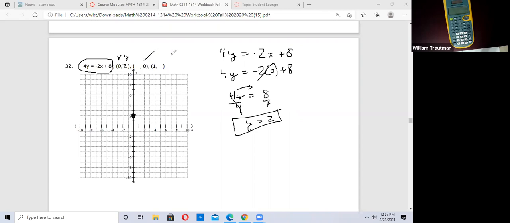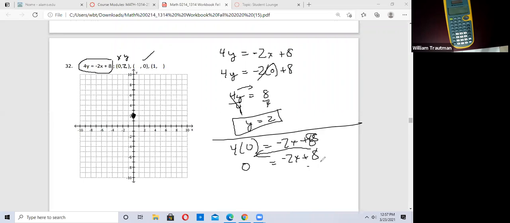Then I'm going to put a 0 in the y. 4 times y, 0, equals negative 2x plus 8. 4 times 0 is 0. That's an 8. I've got to take the 8 to the other side by subtracting 8. Negative 8 equals negative 2x.